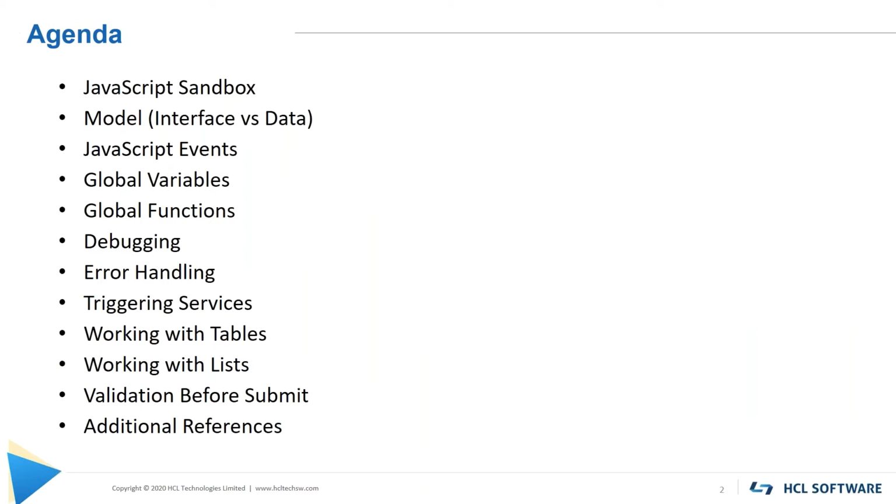Much of what I've put together is around, first, at a high level, what is the JavaScript API and how does it work, and then moving into some of the finer points of working with the different objects that you have inside of Vault and the kinds of things that you might want to do with JavaScript, and typically the kinds of things that I've had to do throughout my experience of working with the product, implementing things for customers.